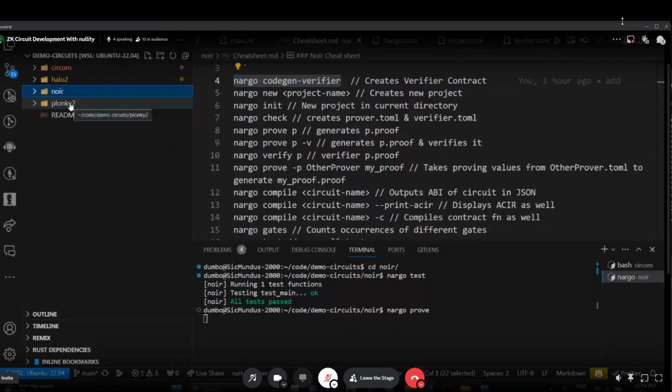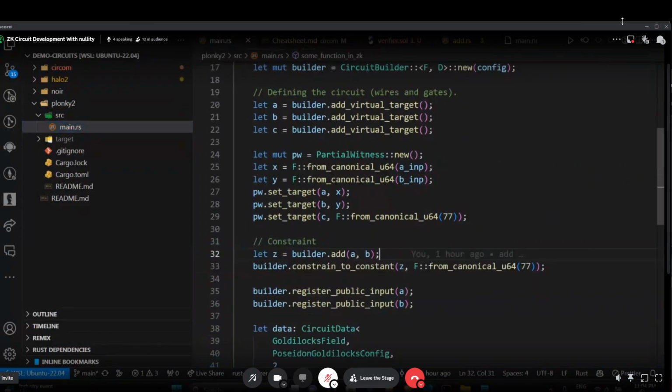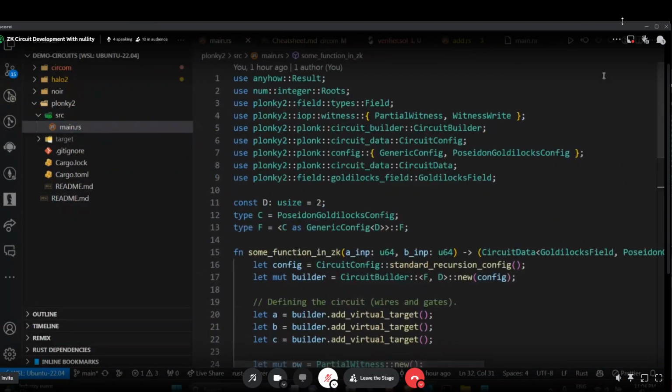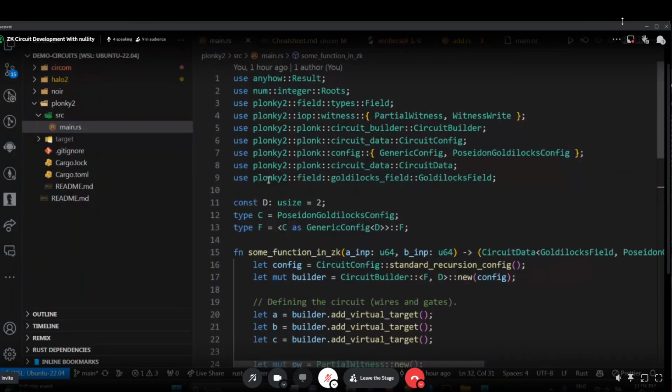Coming to our last section, which is Plonky 2. Plonky 2 is a bit different from the other circuit systems, and Plonky 2 is very similar to Boojum, I would say, though I haven't looked at the ZK, PCS and IOP.